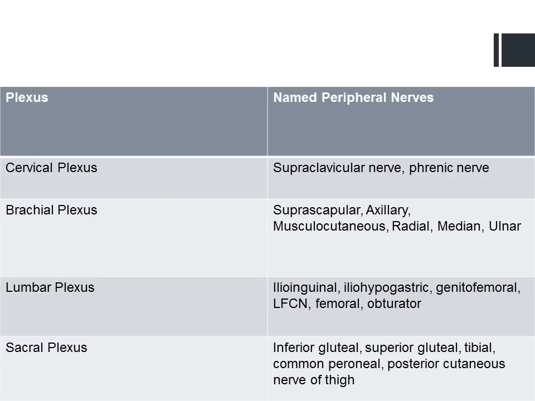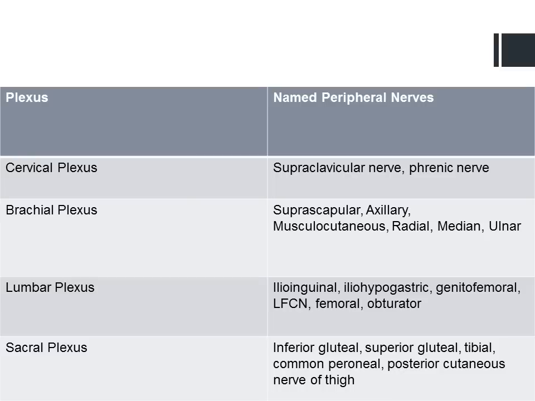So out of the cervical plexus, probably the two most important named peripheral nerves that you may encounter clinical exam findings with will include the supraclavicular nerve and the phrenic nerve. In the brachial plexus, of course, you're all familiar with the axillary nerve, the musculocutaneous nerve, the radial nerve, the median nerve, and the ulnar nerve.